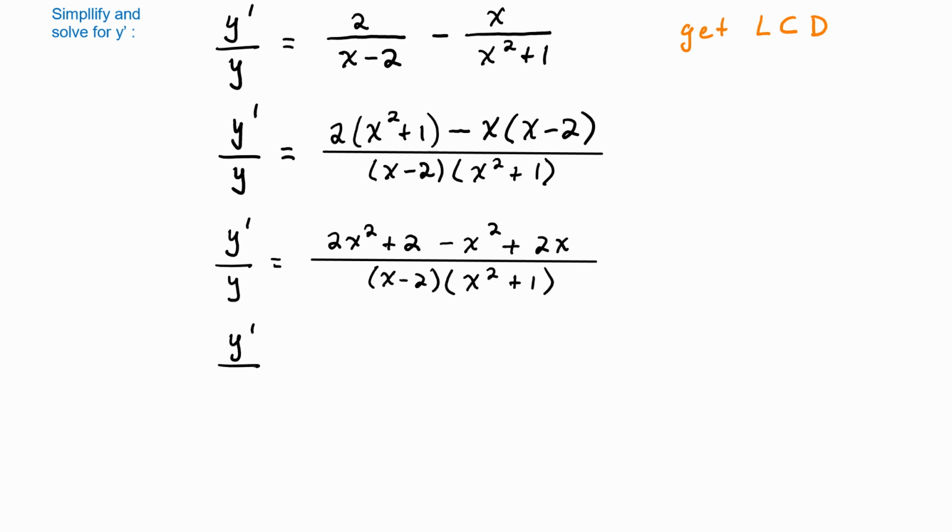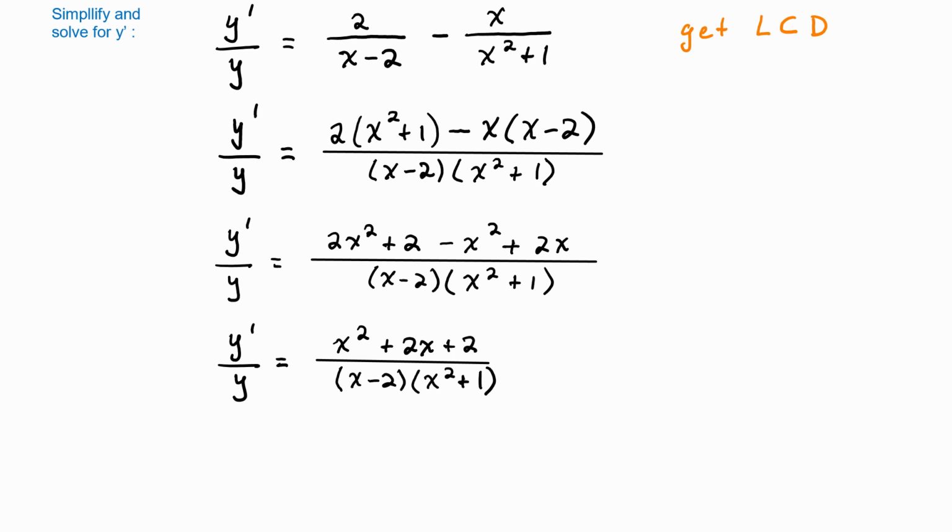Y prime over y is equal to, let's combine like terms. 2x squared minus x squared gives us x squared. Then we have plus 2x and plus 2. Our denominator is still quantity x minus 2 times quantity x squared plus 1.